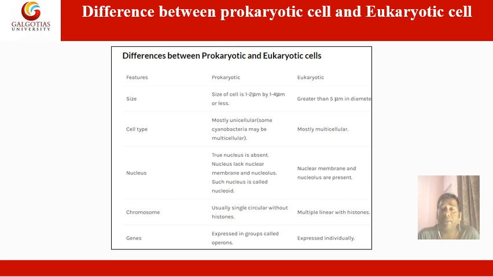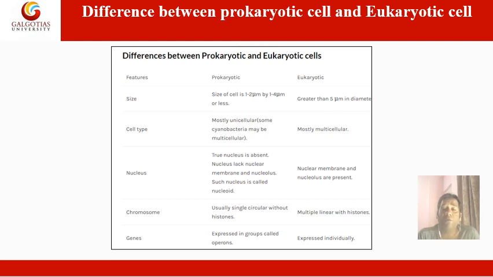Now the nucleus. Nucleus is very important to differentiate between prokaryotic and eukaryotic cell. Prokaryotic cells generally have a primitive type of nucleus that is not surrounded by any nuclear membrane, whereas eukaryotic cells have a true nucleus, which is surrounded by a nuclear membrane.